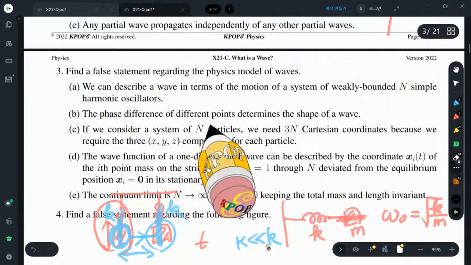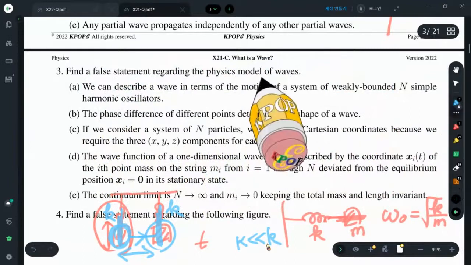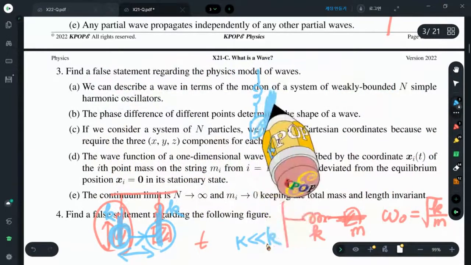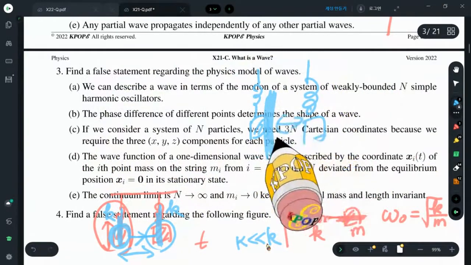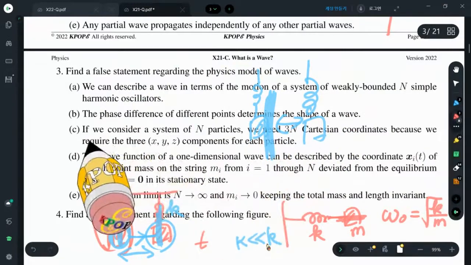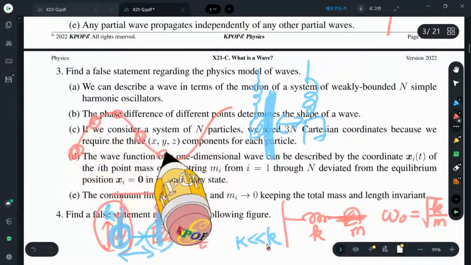The phase difference of different points determines the shape of a wave. If this spring oscillates and another spring oscillates, and there is some time delay, then you will see the mass distribution.